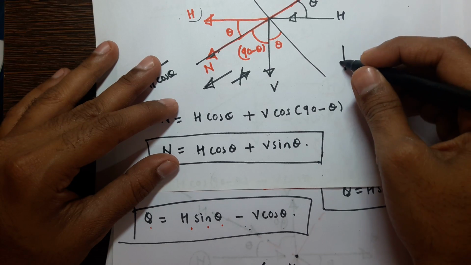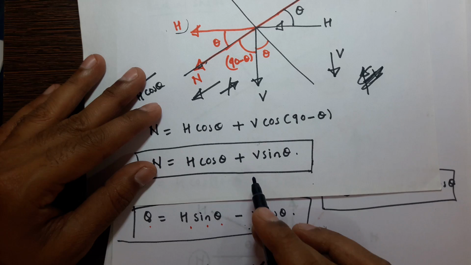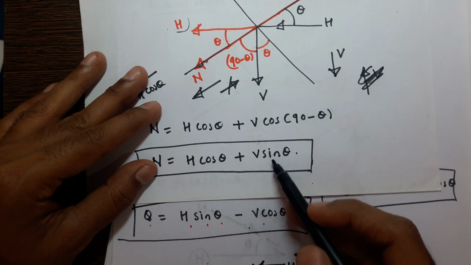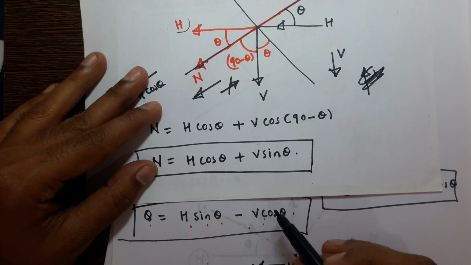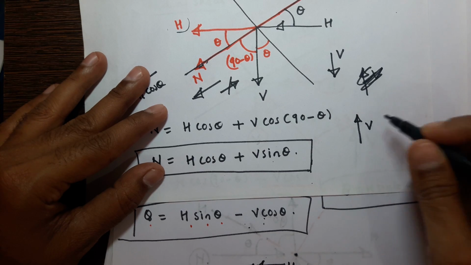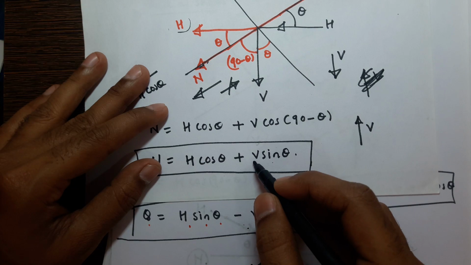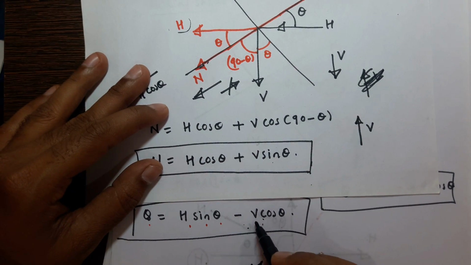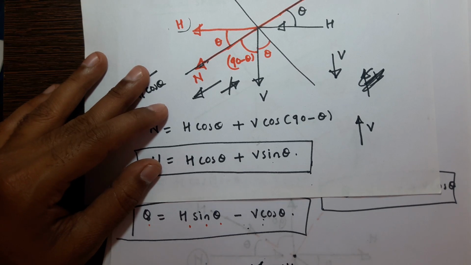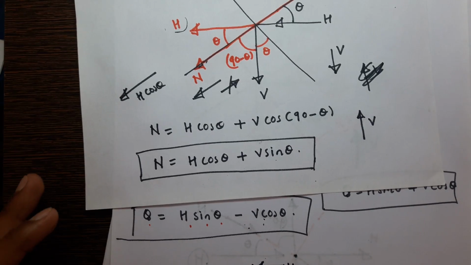If you are getting V downward at a particular section, then don't change the sign of V. But if you get vertical shear upward at a particular section, then you have to take minus V sin theta here, and plus V cos theta here. You must remember that in order to solve for normal thrust and radial shear.